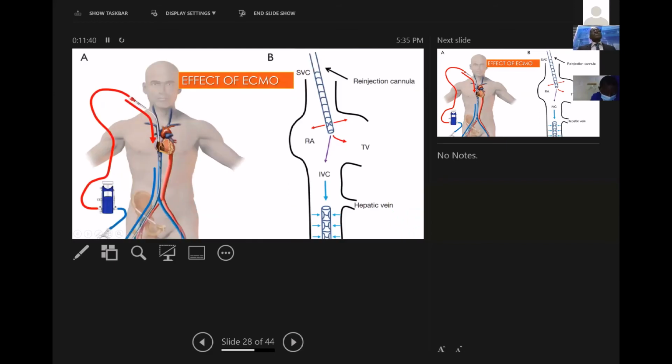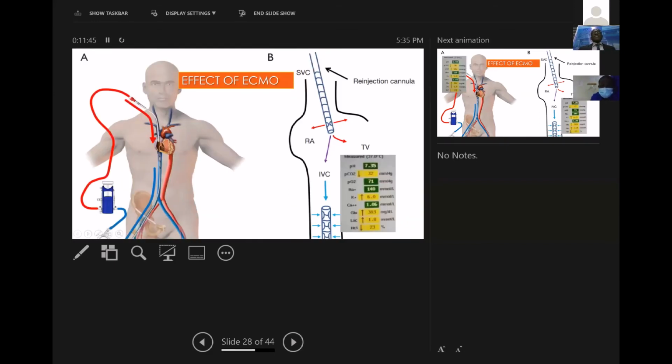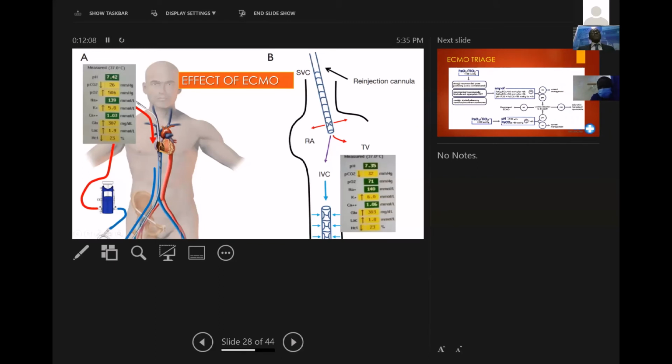This is what it now gives you. So you'll see this is this person's venous blood because of this ECMO. So venous blood actually has PaO2 that is higher than what average people might have, because that is the spent blood. So you can imagine, what does the arterial blood that comes out of the ECMO look like? We have PaO2 of 506 millimeters of mercury.